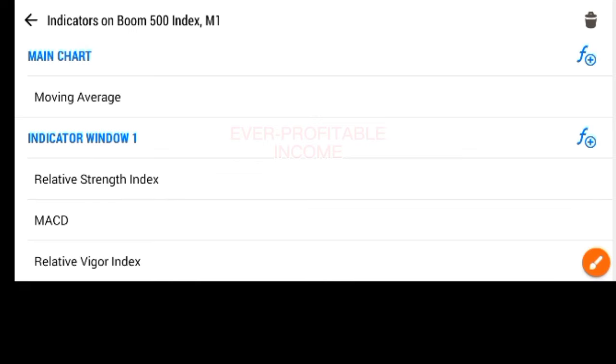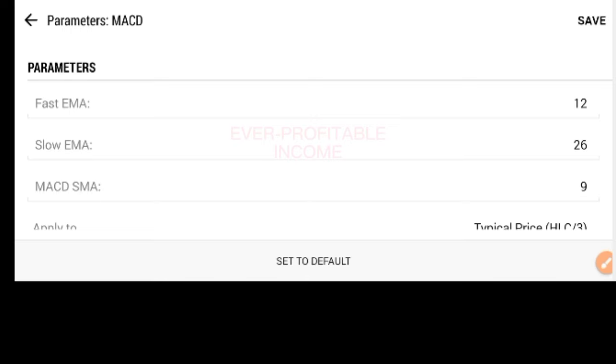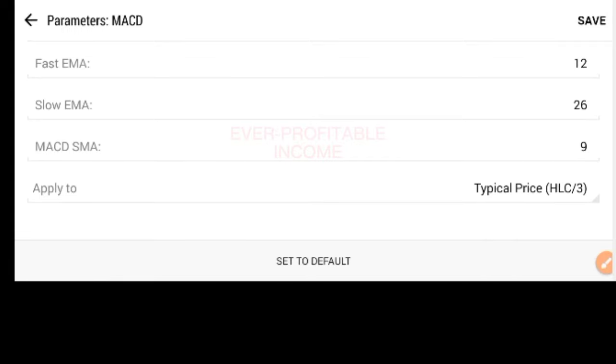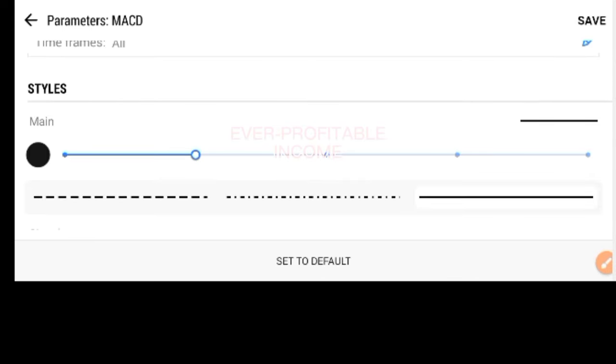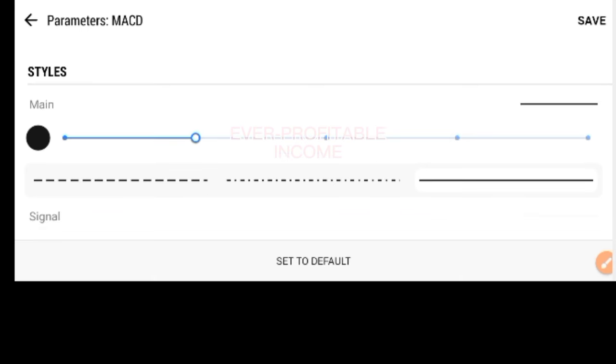So the MACD, we have the default settings: fast EMA 12, slow EMA 26, MACD SMA 9, and apply to typical price. Take note of that. Then the main should have a color.